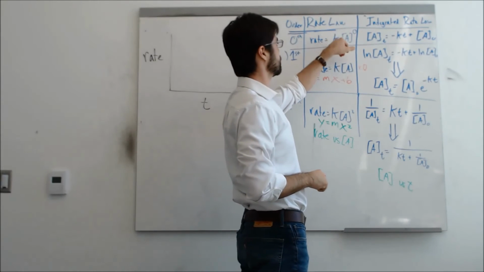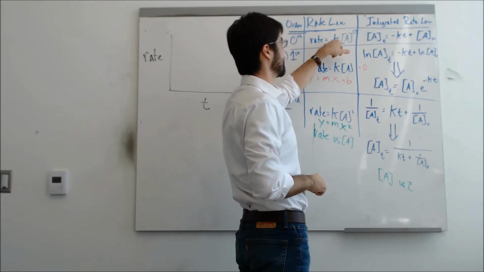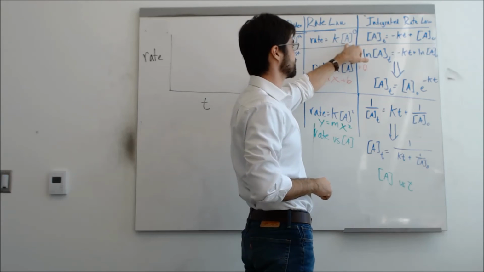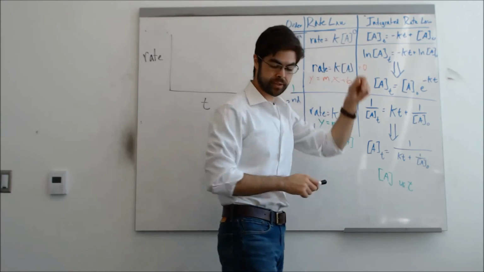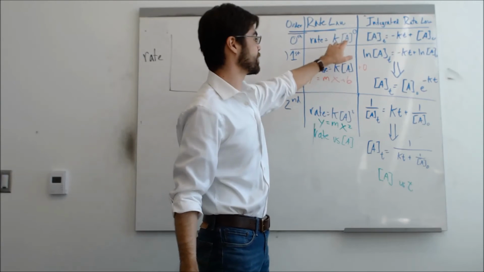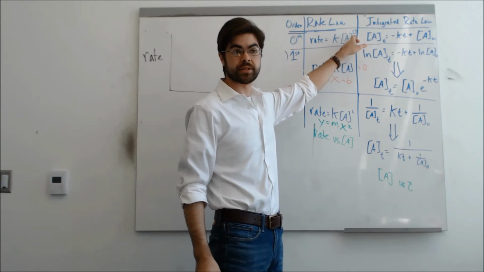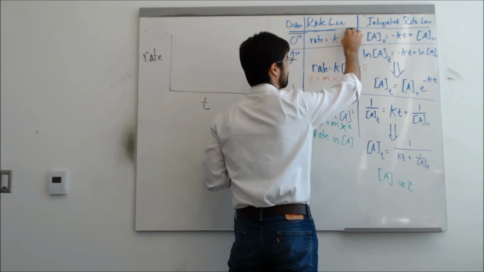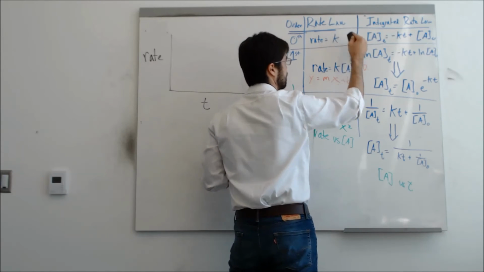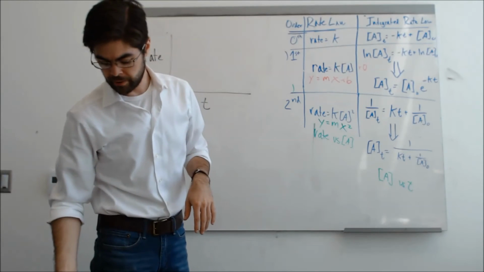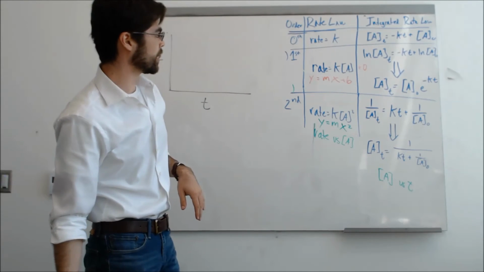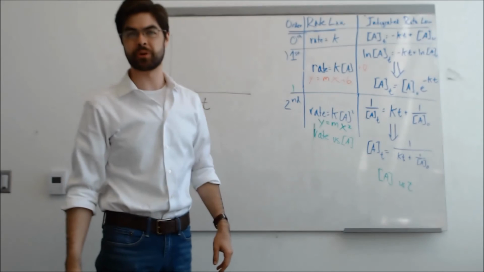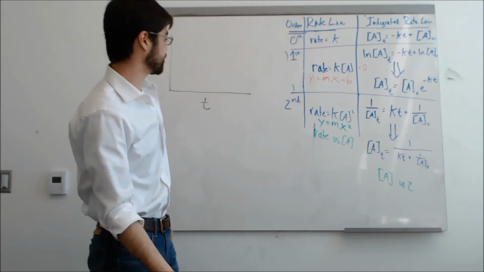For a 0th order reaction, the rate depends on the concentration for the 0th order reaction. But I take that back. No, it doesn't, because it's going as concentration to the 0th power, so it should actually just be flat.